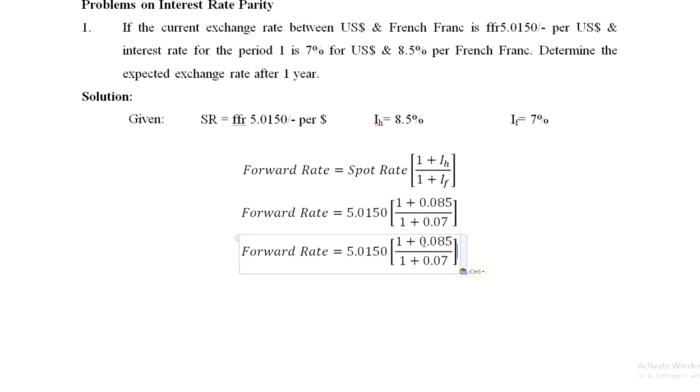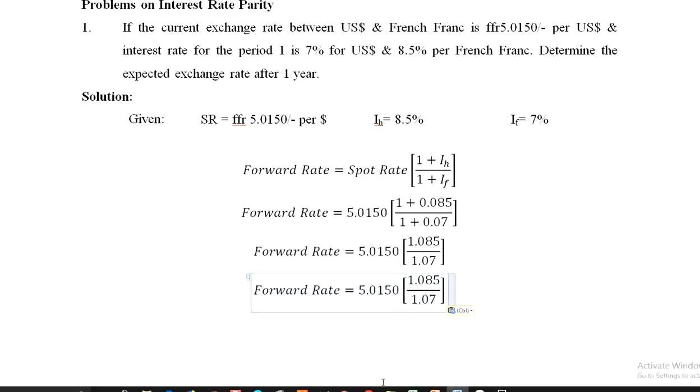1 plus 0.085 is 1.085. 1 plus 0.07 is 1.07. Right now what we have to do is divide these values.